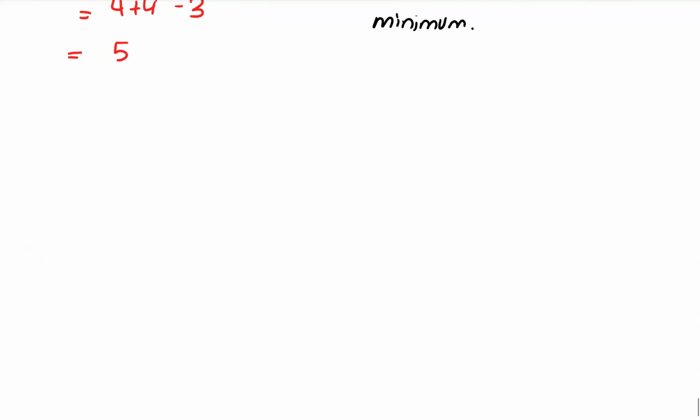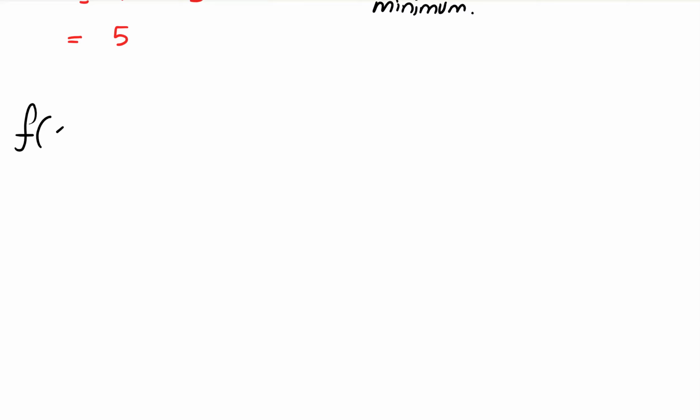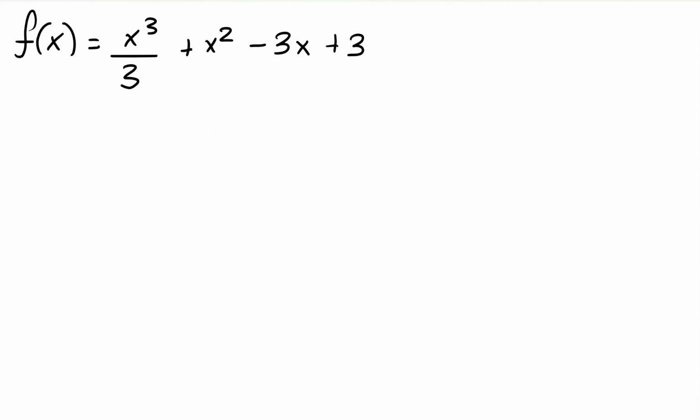The last method was the second derivative test. Now the second derivative test, quite straightforward once you get the hang of it. I'm just going to write up my function again, because it's always good to write it up so I remember it myself. And I'll write my gradient function again: x squared plus 2x minus 3.